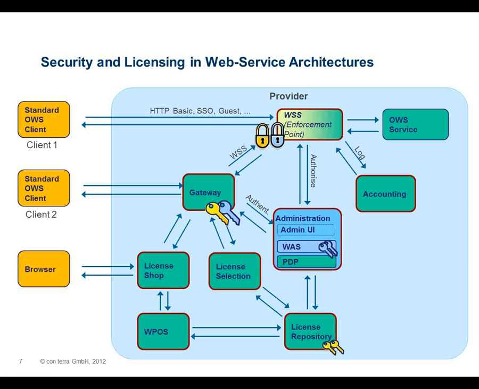This is similar to Security Manager, but the different part is the PDP doesn't check predefined policies somewhere in a policy store, but it checks your license repository and checks whether for this request there is a valid license which allows a certain action. And if this is allowed by a certain license, then access is permitted. And as I said, accounting can also be activated with License Manager.